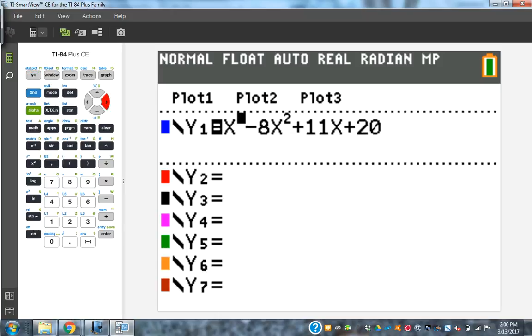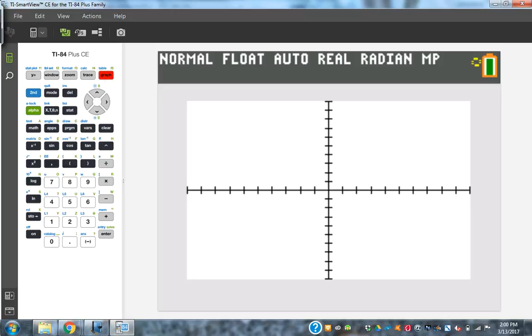I think I can just edit this one maybe. Minus 4. Minus 15. Plus 18. Hit graph. I just need one to start with.